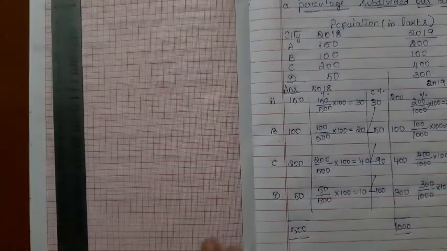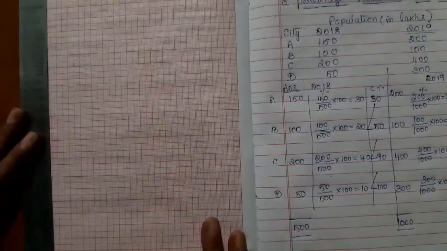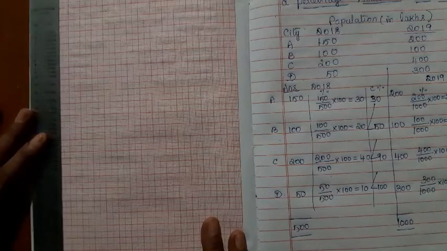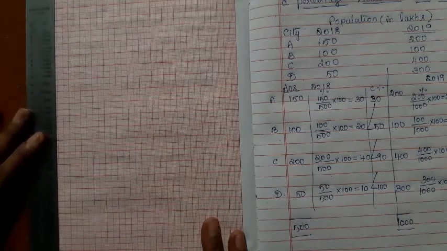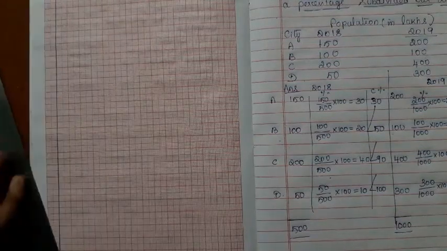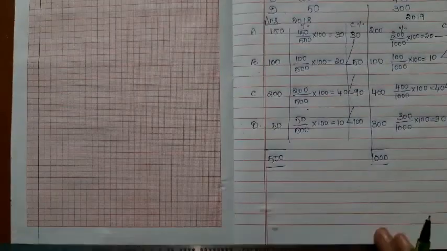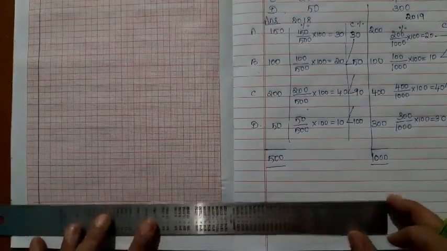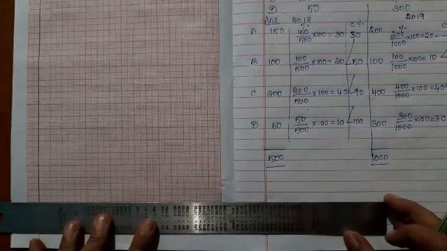Now to draw the diagram, percentages are represented on y-axis. So the maximum value should be 100. In percentage subdivided bar diagram, the maximum value that you require on the graph is 100 units.